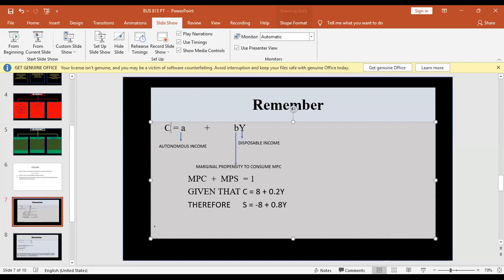If I take this off now and I put S here, this has become the savings function. The savings function and the consumption function are one and the same. Nothing changed. The same A, the same B.